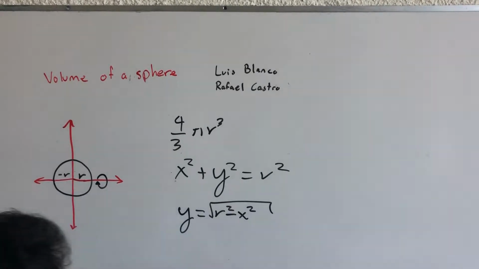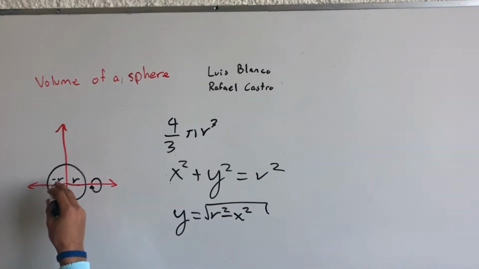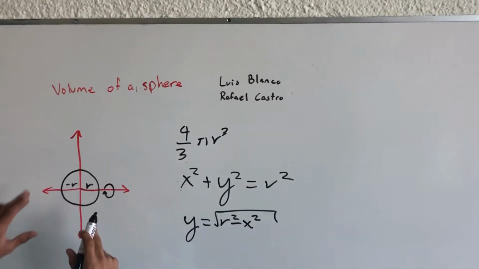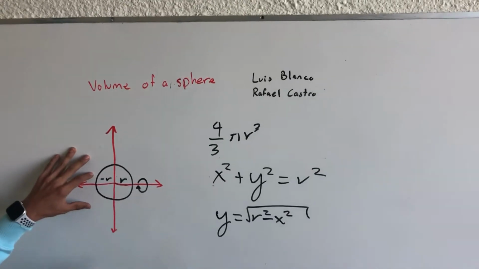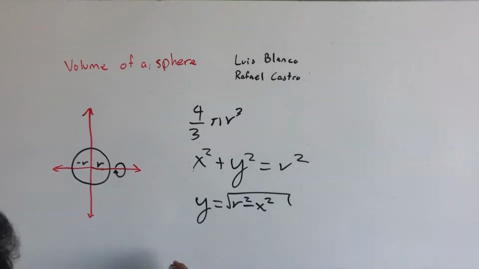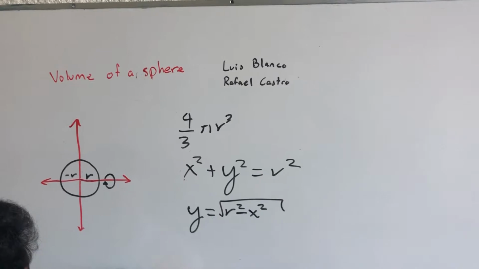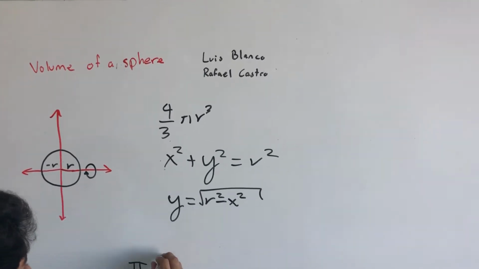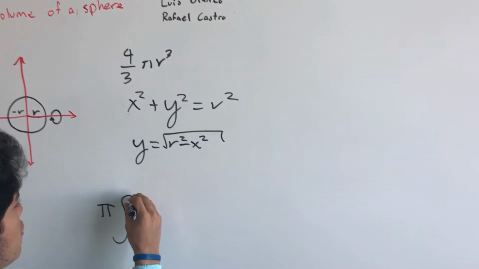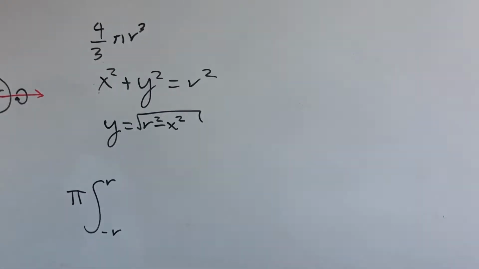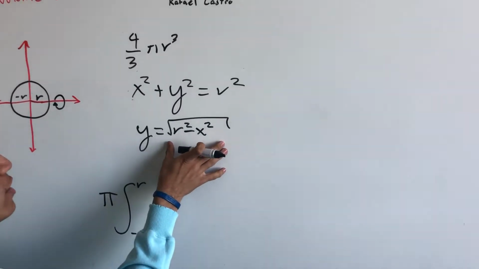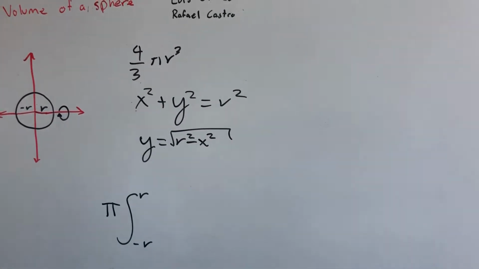So we can now integrate this. We know that the limits are the minus radius and the positive radius. So it will be like this, pi, and the limits established are r and minus r. And we're gonna use this y equals this, right?